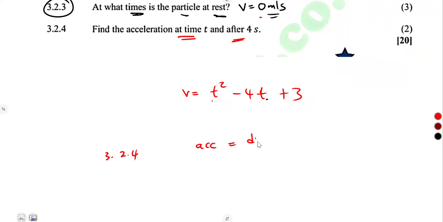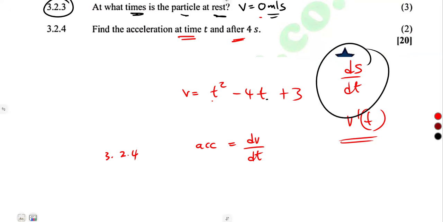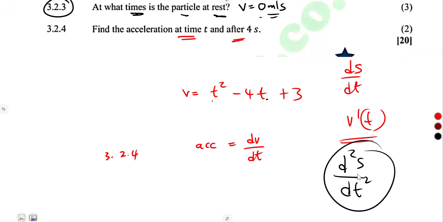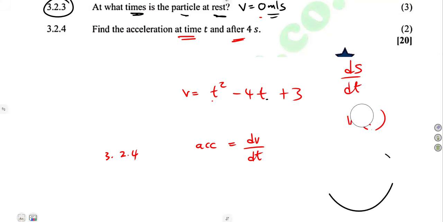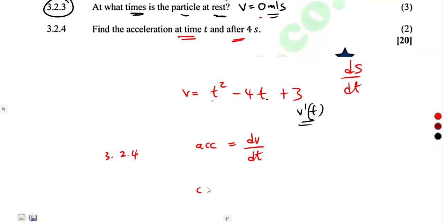So that is dv/dt, the velocity expression. You must differentiate it. But remember, velocity was taken from ds/dt, so acceleration means differentiating this again. You can use this formula: the second derivative of displacement, or simply the derivative of our velocity. So that's acceleration.